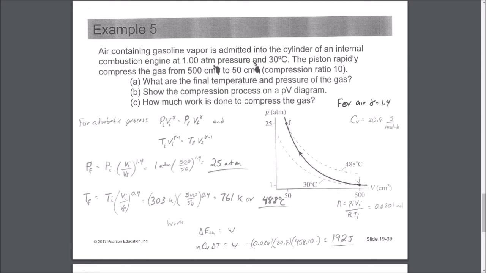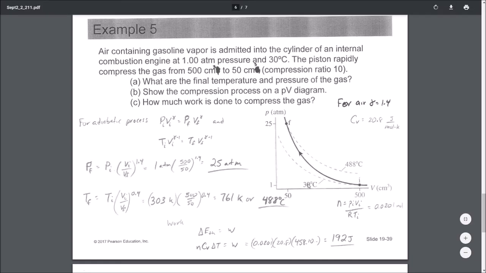My initial parameters down here will tell me the number of moles that I have. So I have the initial pressure and volume and temperature, and I figure out my moles from this. Multiply all that together, and we end up with 192 joules here. And so that work that was being done is negative, because technically if Q is 0, this is a negative W here.